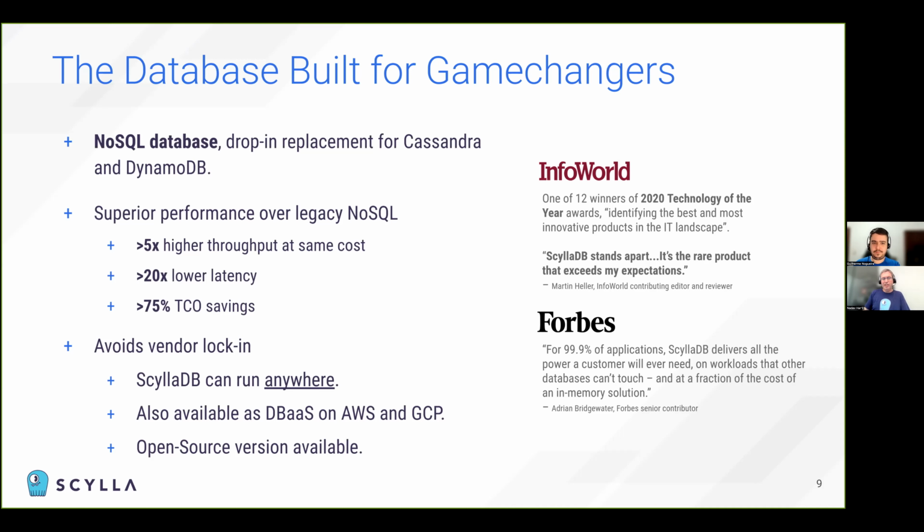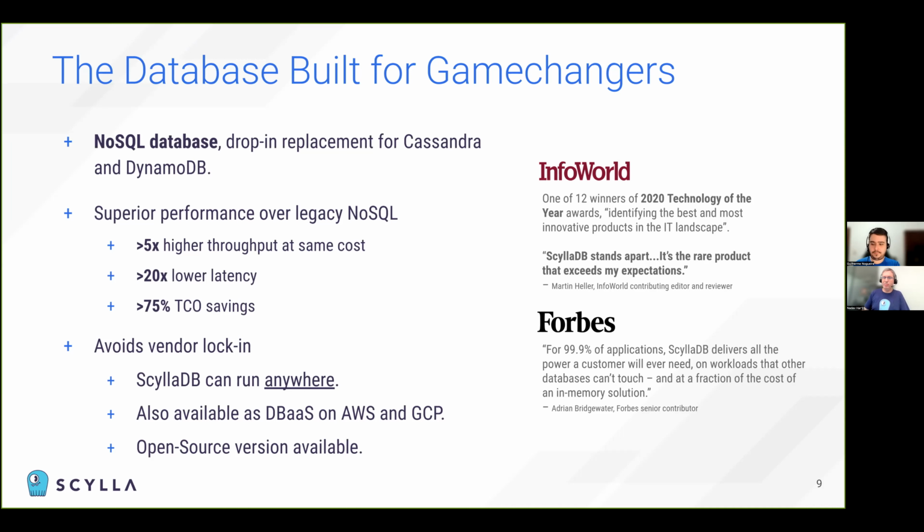And another great thing about Scylla is that it avoids vendor lock-in. So you can run ScyllaDB basically anywhere, on any cloud, on any private data center, even try it out or develop your application on your own laptop. We also have a database as a service that runs on Amazon and Google Cloud.